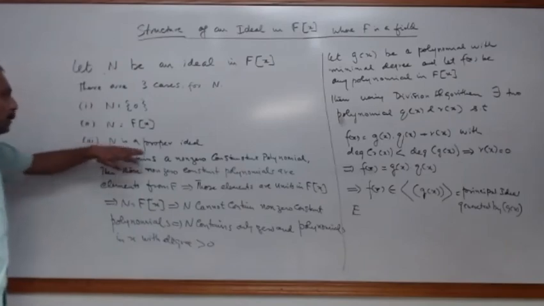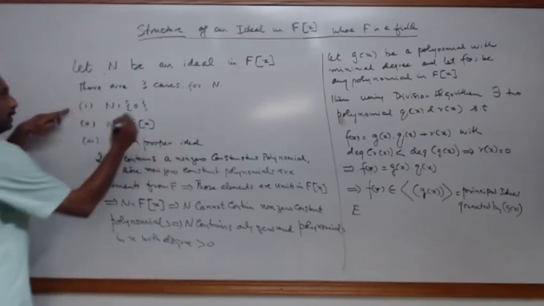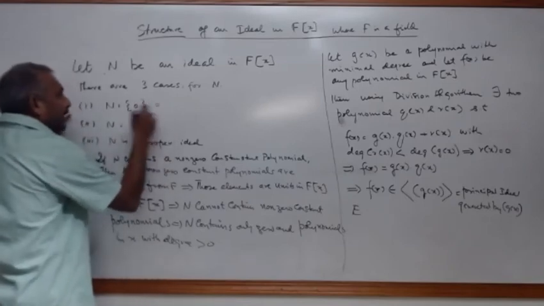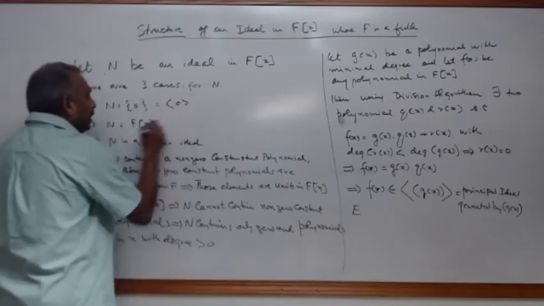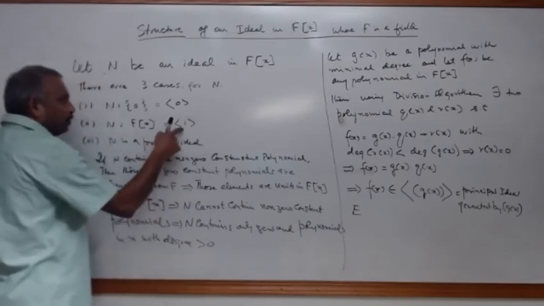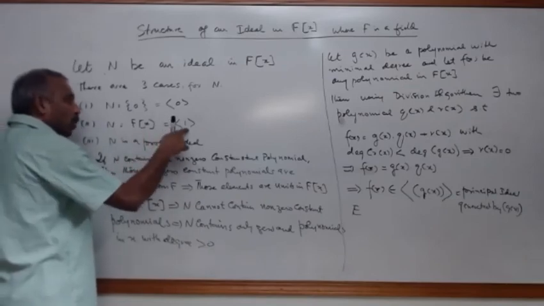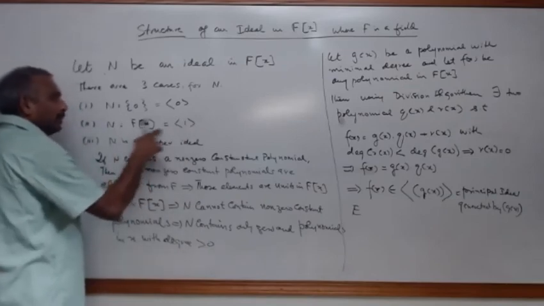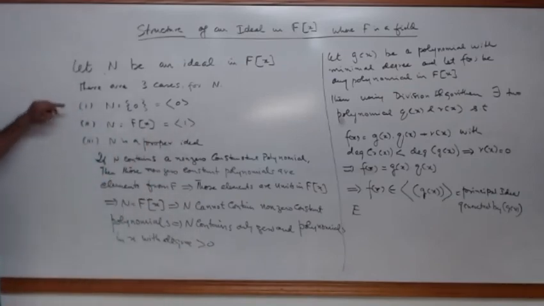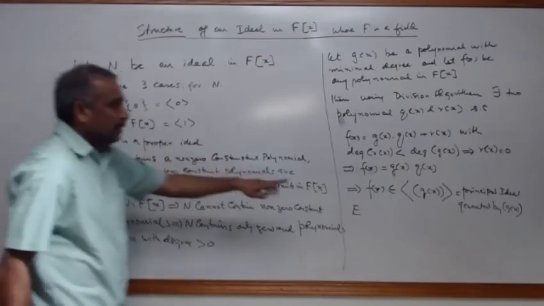That is when N is a proper ideal. When it is not proper, this is also generated by a single element, and that is 0. And here it is generated by 1. Why is it 1? Because if you multiply every element of F[x] with 1, it is equivalent to F[x]. So in either of these cases, any ideal is generated by a single element.